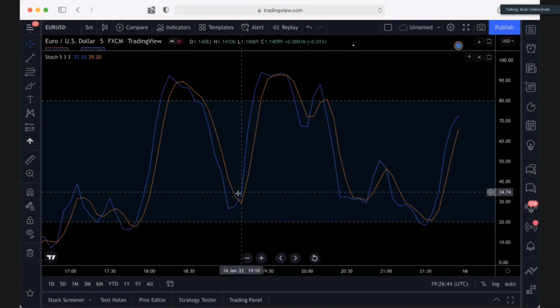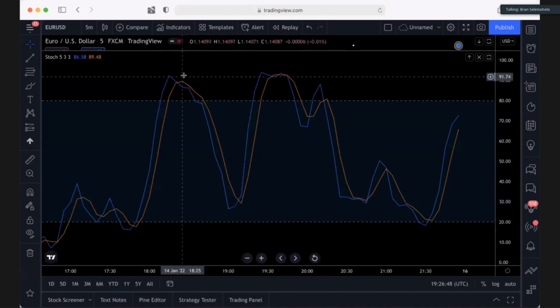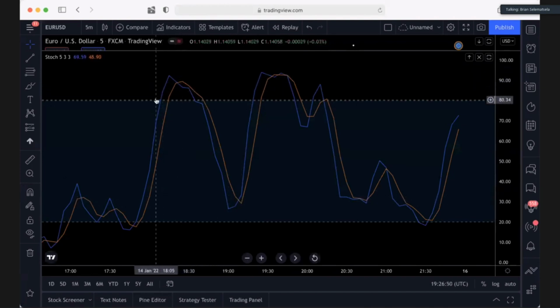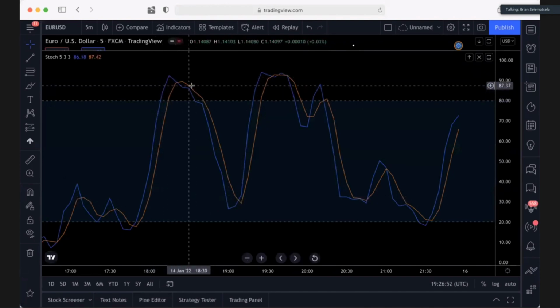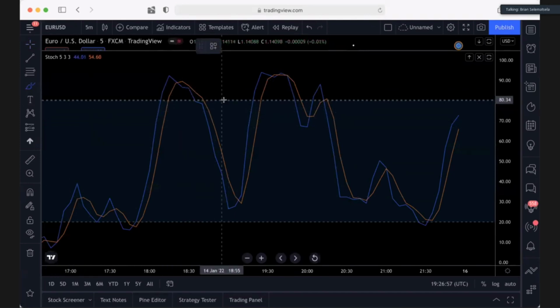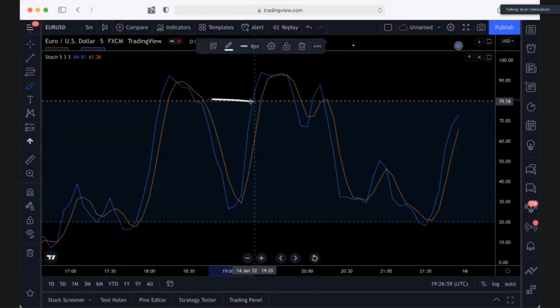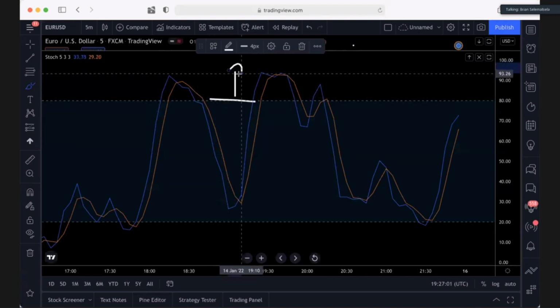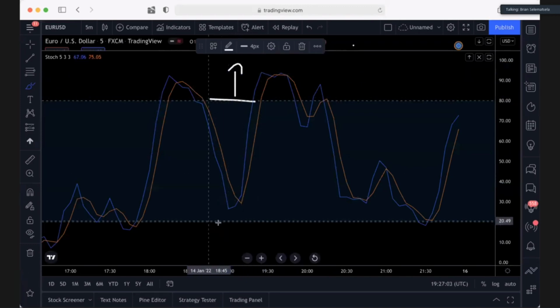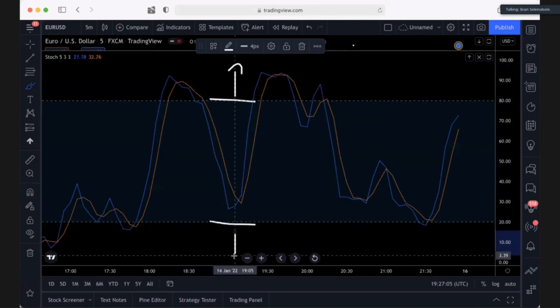I want to mute extra audios. So the crossing over between them here, we're looking for this crossover, because it is normally at the overbought. Overbought is from here going up. Oversold is from here going down.